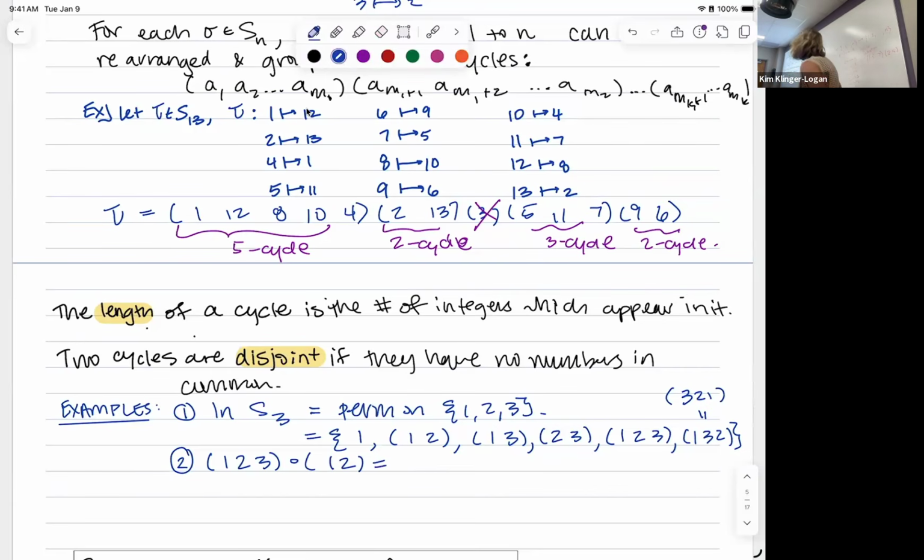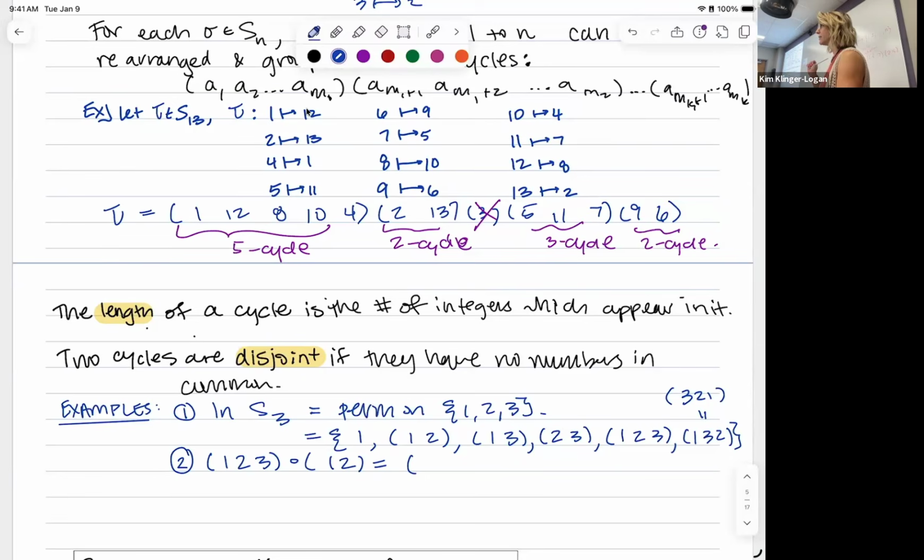It's not clear that this thing is going to be an element of S3, but it's also not disjoint cycles, because I have 1 and 2 both repeated in here. So let's figure out how to rewrite this as disjoint cycles.